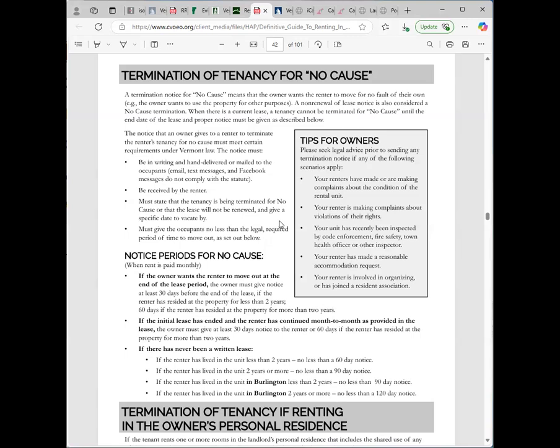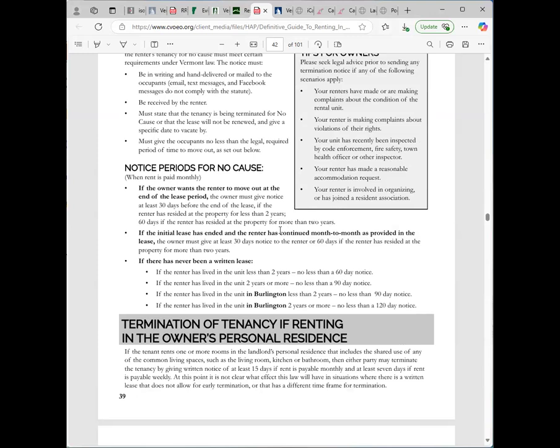There's a couple different other things, but basically the tenant hasn't done anything wrong, but the owner wants the unit back for whatever reason. And so notice periods for no cause, there is a huge laundry list of notice amounts depending on how long the renter has lived in the unit. Make sure you look at page 39.